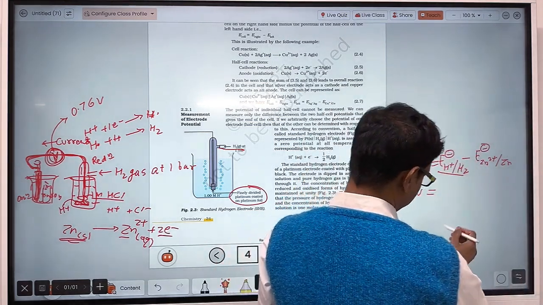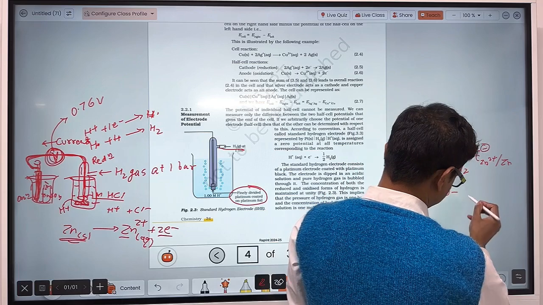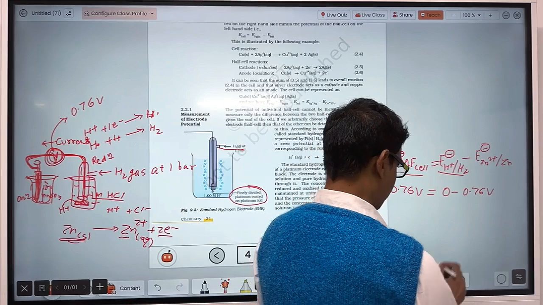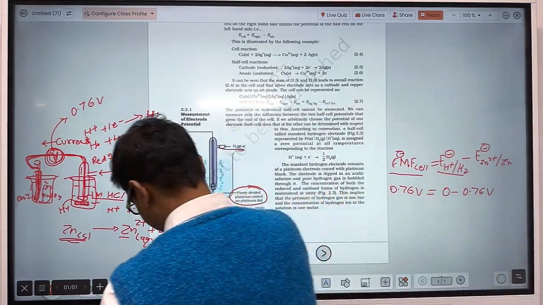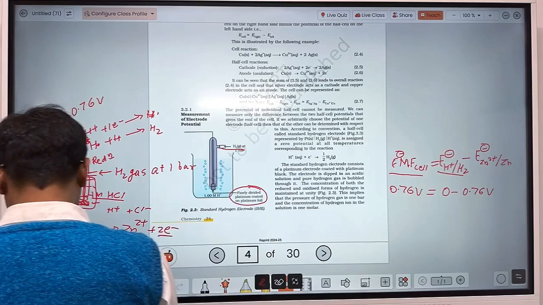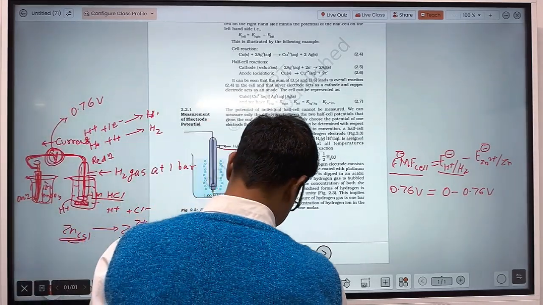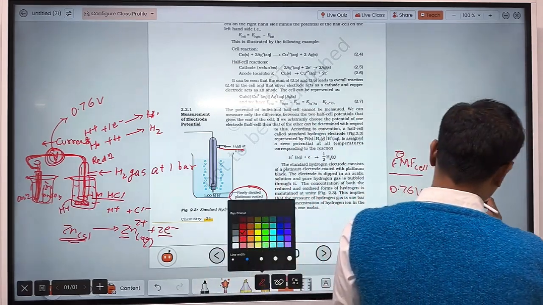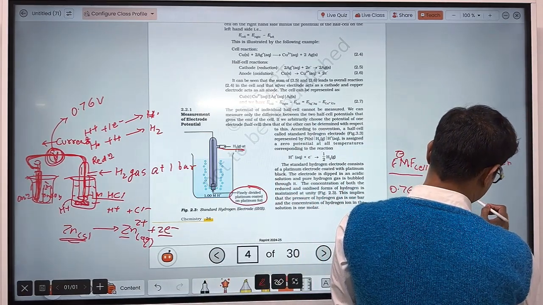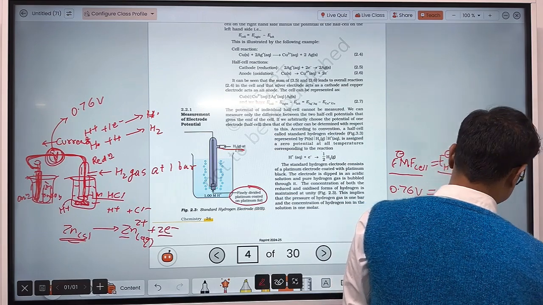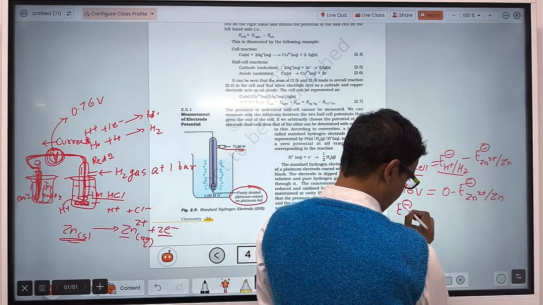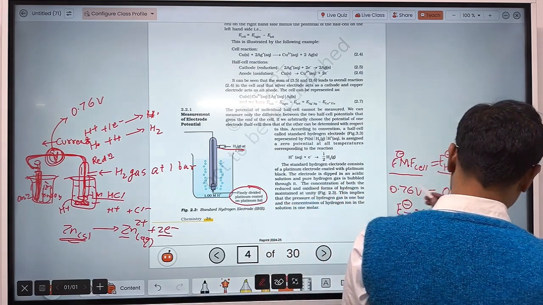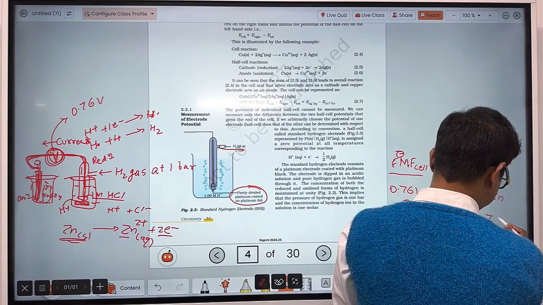So 0.76 volt will be equal to 0 minus the standard electrode potential of Zn2+/Zn. So the standard electrode potential of Zn2+/Zn will be equal to, the negative sign will come, negative 0.76 volt.